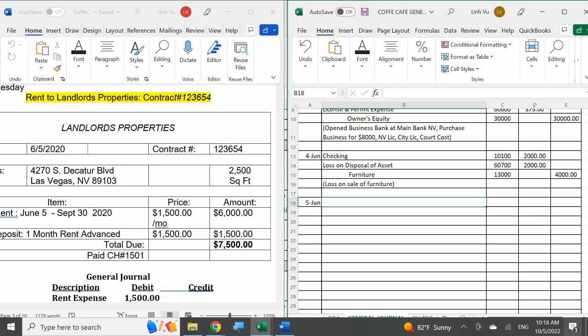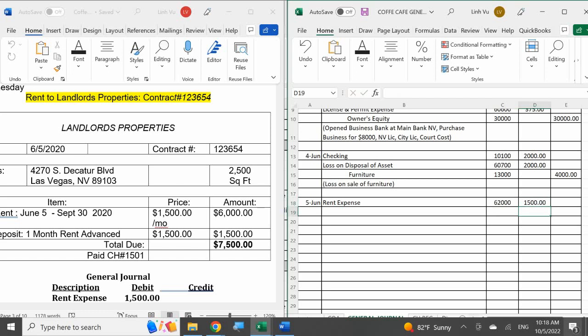We said rent, right? We're renting out the building. How much is 1 month's worth of rent? $1,500. Okay?